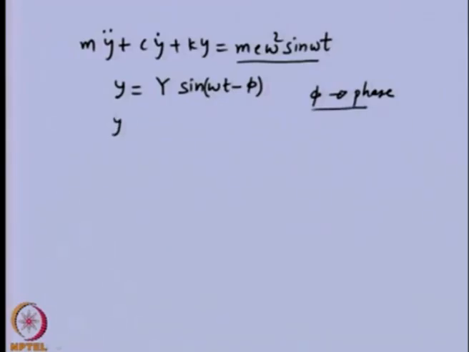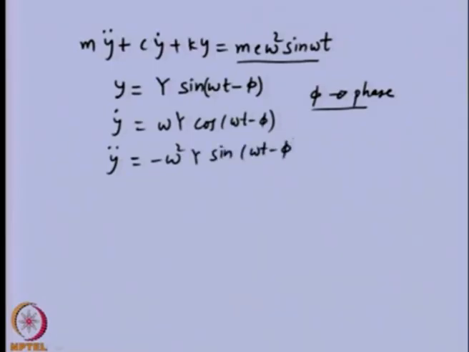Now, we can take the derivatives. This will be positive. If you take double derivative, then it will become negative. Now, we can substitute this in the equation of motion.